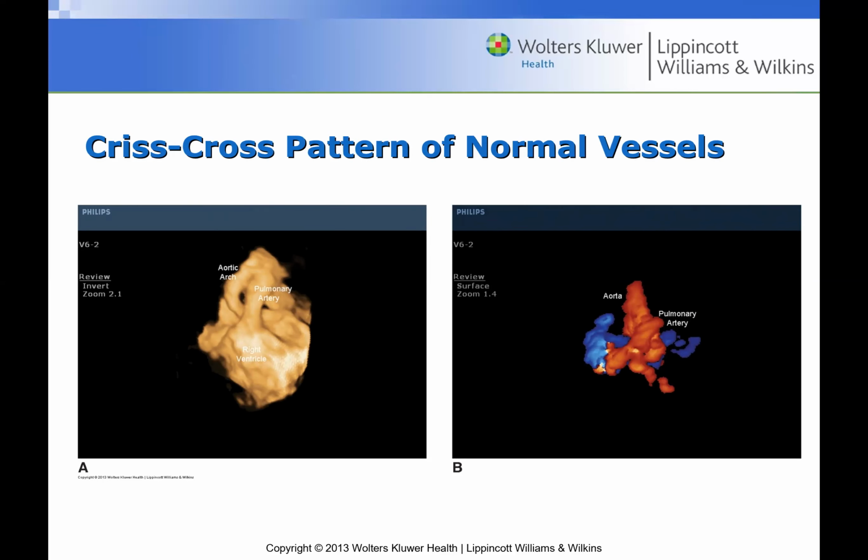There's even 3D of the heart, which is really cool. What we're looking at here is the crisscross pattern of the aorta and the pulmonary artery. Seeing that crisscross rules out a lot of the congenital heart defects. So the aorta is behind and the pulmonary artery is on top, and that's how we do want to see it.